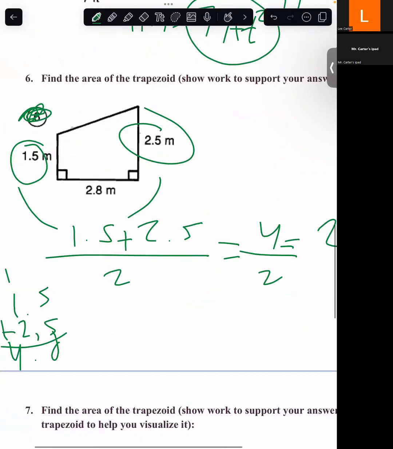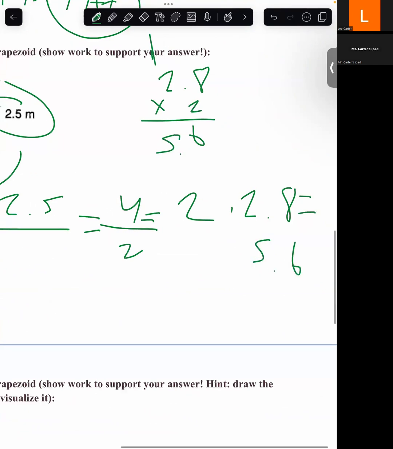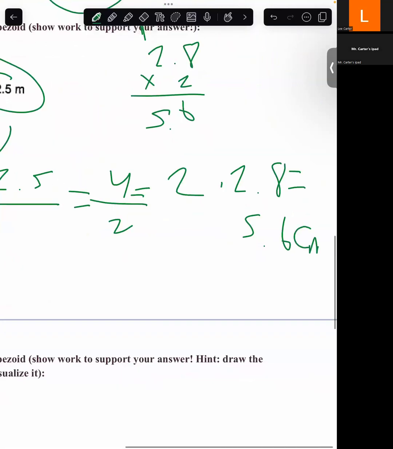All right, now we got to multiply that times the height, which is this guy. So the average of the bases times the height. So that would be 2.8 times 2. All right, and that would be 5.6. And then that is square centimeters.